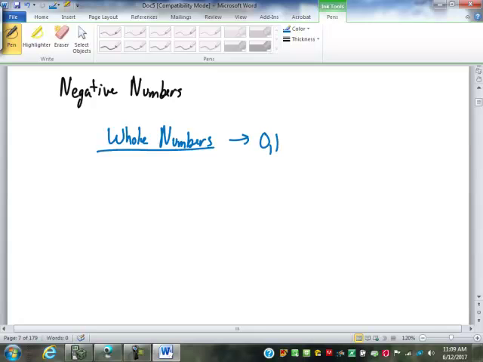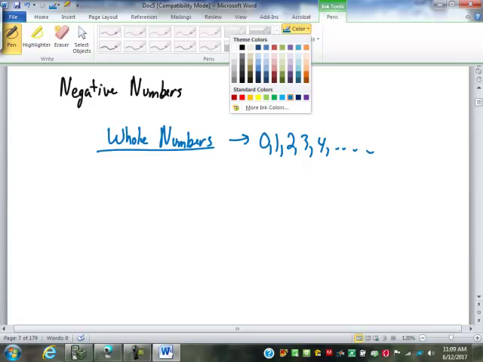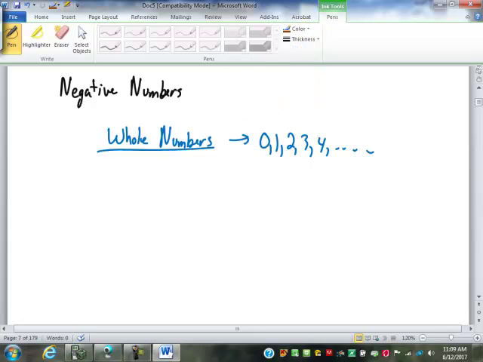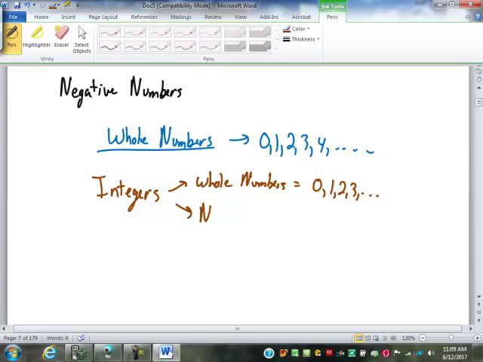So it's 0, 1, 2, 3, 4, on, all the way on up to infinitely large. What we're getting into now is something called integers. Integers include the whole numbers, zero, 1, 2, 3, and so on, but they also include the negatives. So negative 1, negative 2, negative 3, and on down the line.